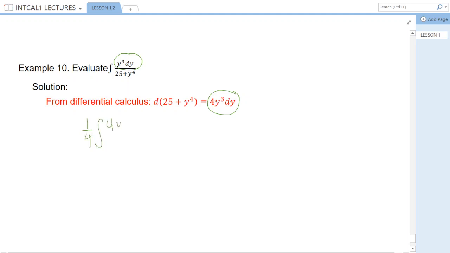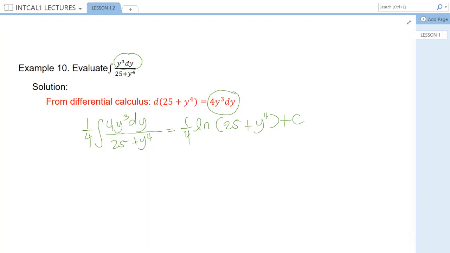The integral of 4 y cubed dy, since 4 divided by 4 is still 1, so we will arrive at the same original equation, with 25 plus y raised to 4. Okay, so that is 1/4 the logarithm of the denominator, which is 25 plus y raised to 4, plus c. So that ends our logarithms for indefinite integrals.